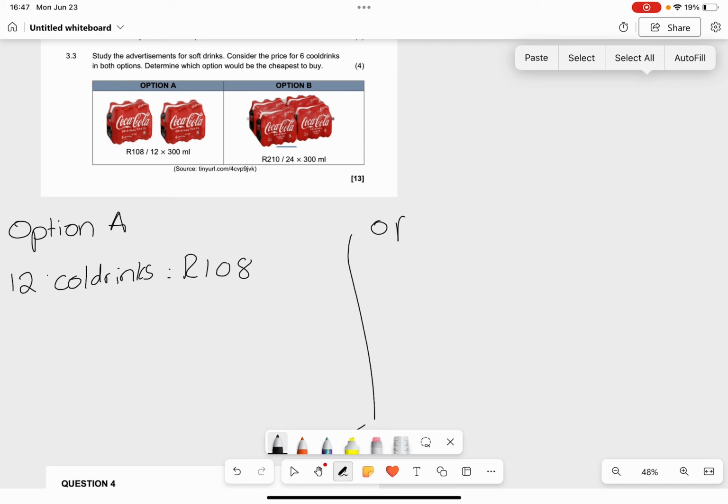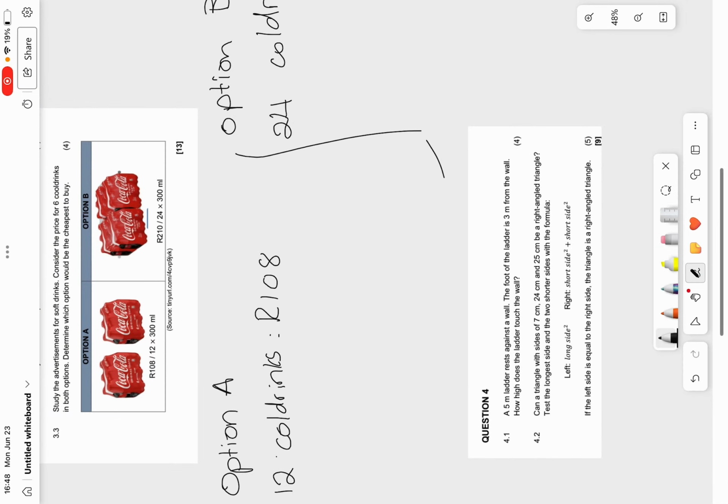Then we get given option B, which is 24 cold drinks at 210 rand, and we have to compare which one is the better option.